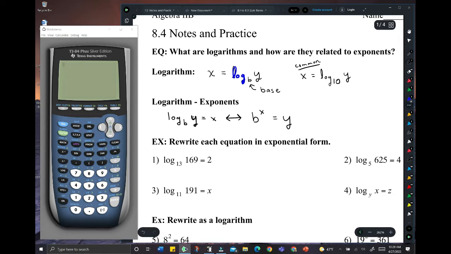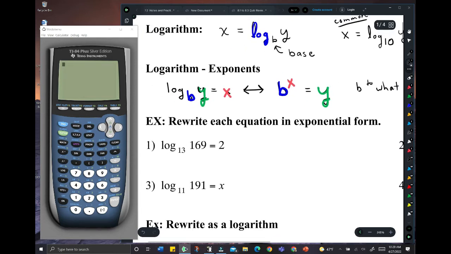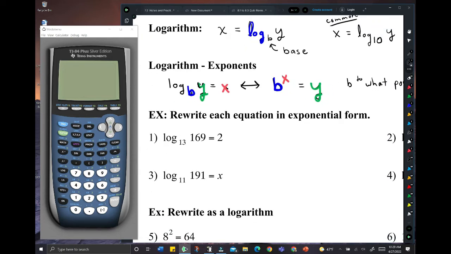That is the key. I think some colors can be helpful. We'll use blue for the base, red for the x, and y will be green. Basically, what's being asked here is what power, so b to what power equals y. That is our relationship today.